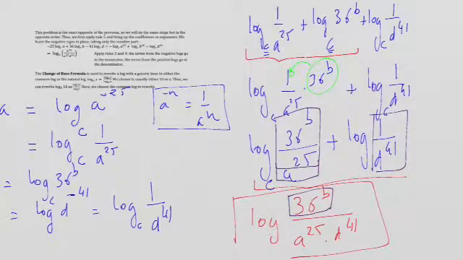Oops, I didn't take the a right here, so let me rewrite that in a better way. Here we go. And now right there I'm supposed to have a to the 25 multiplied by d to the 41. All right, guys.